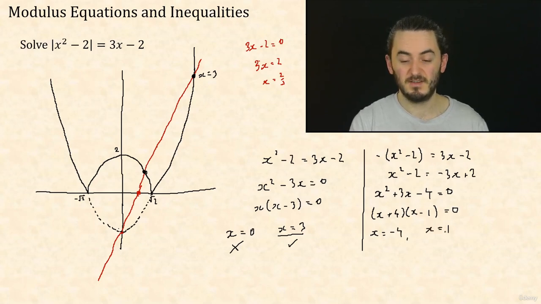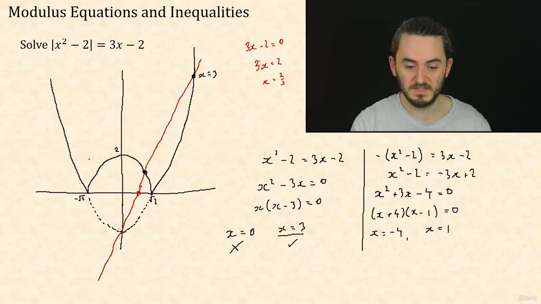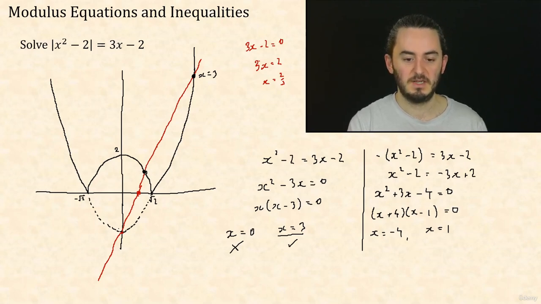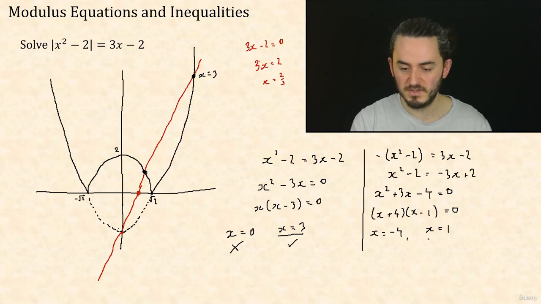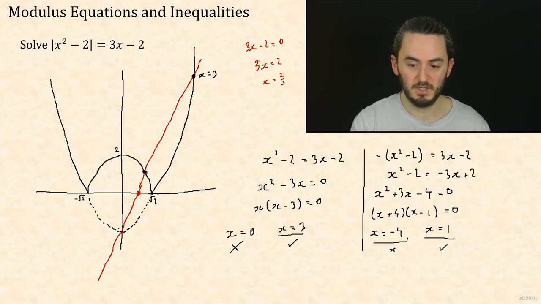And once again, I need to think which of these is this solution. Well, clearly it's not the negative one because x is positive here. So it must be this solution and not this one. But where did this one come from? It's another phantom solution, because algebraically we were saying, when is the red line equal to minus x squared minus 2, which is basically this negative quadratic here.